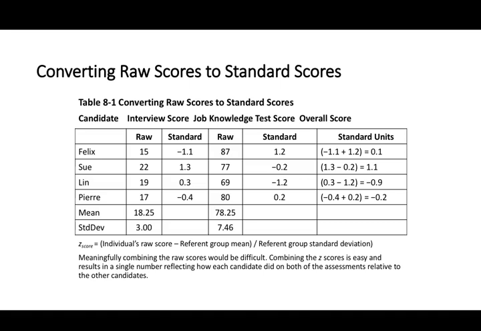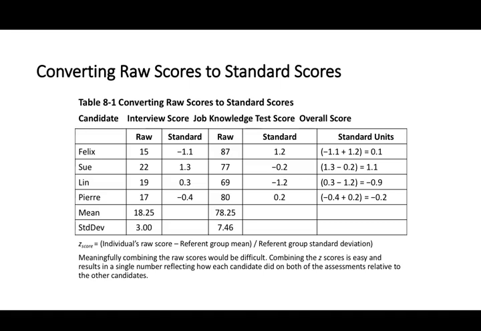So I would take 15 minus 18.25 divided by 3, and I would get a standardized score of negative 1.1. For Sue, for example, I would take 22 minus 18.25 divided by 3, and I get 1.3. And on we can go down there.